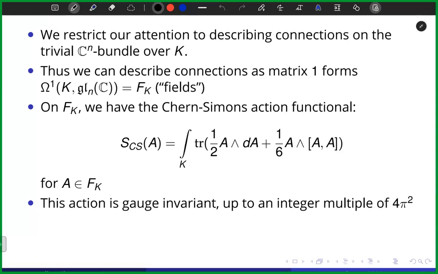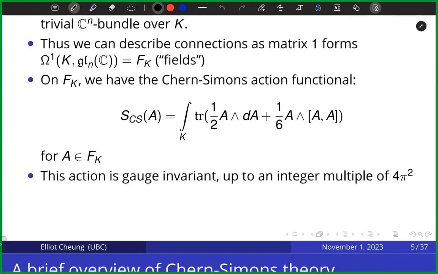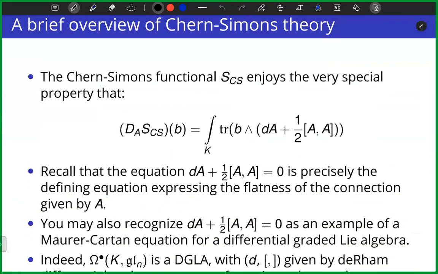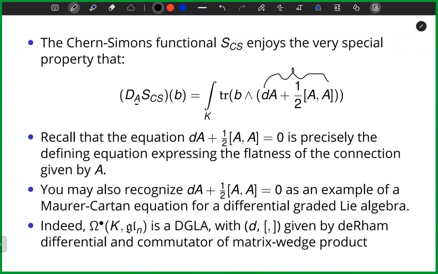This action is gauge invariant up to an integer multiple of 4 pi squared. This Chern-Simons functional enjoys the special property that its derivative at a connection A is given by this formula, and here is the dependence on A. Recall that this equation, this part here equaling 0, is precisely the defining equation that expresses that A is a flat connection.